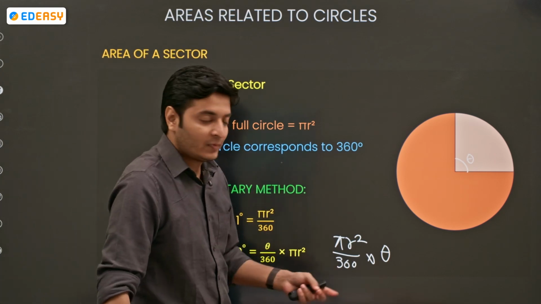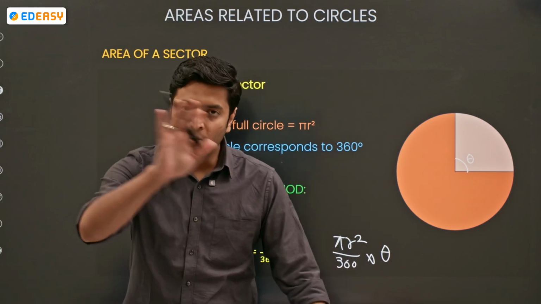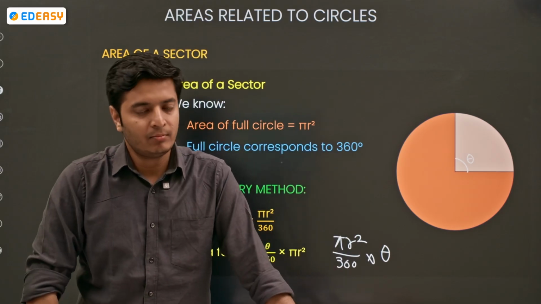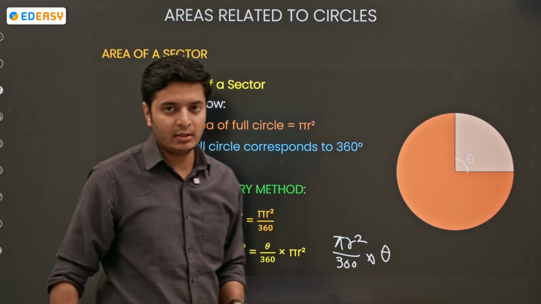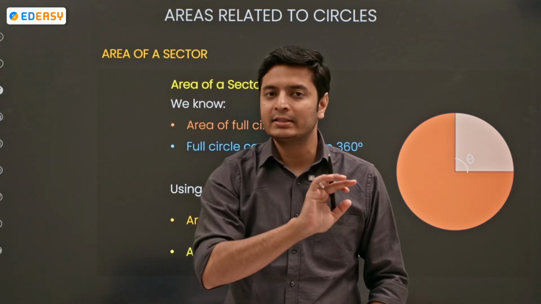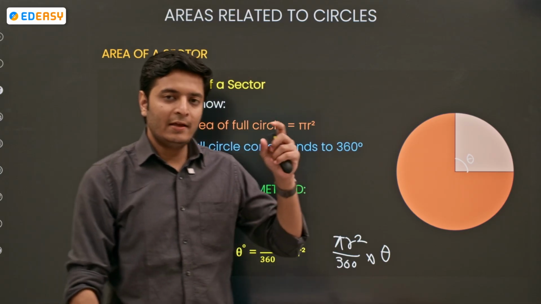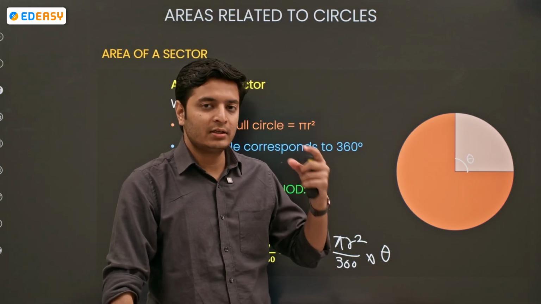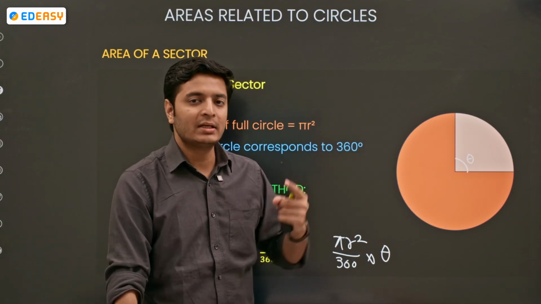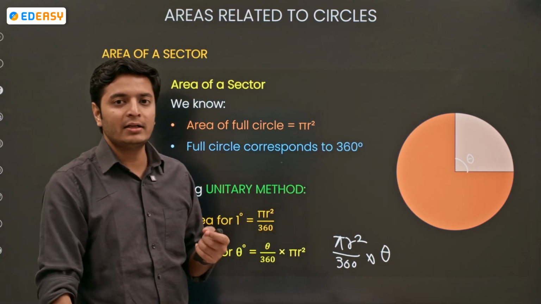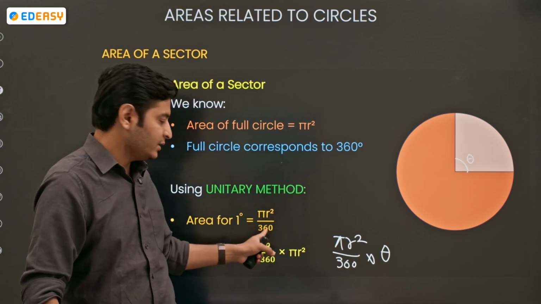Now understood? Let me explain this again. The whole circle has area pi r square. The whole circle corresponds to 360 degrees because the complete angle is 360 degrees. Now using the unitary method, if the area of the circle when the angle is 360 degrees is pi r square, then the area when the angle is 1 degree would be pi r square by 360.